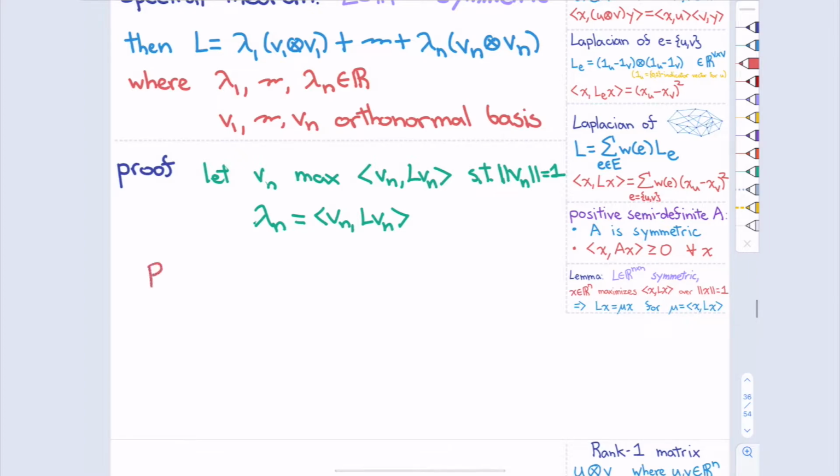Okay, A is equal to L minus lambda n Vn Vn transpose. So first of all, A is symmetric, right? That we can see because we took a symmetric thing and subtracted another symmetric thing. So we know it's symmetric.